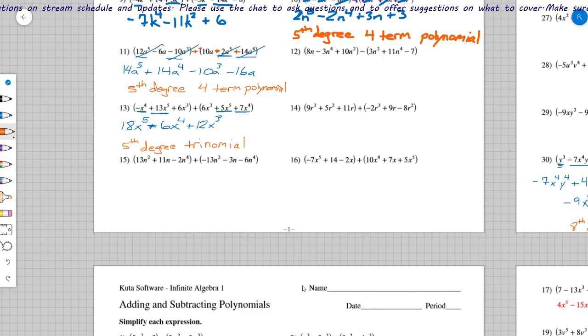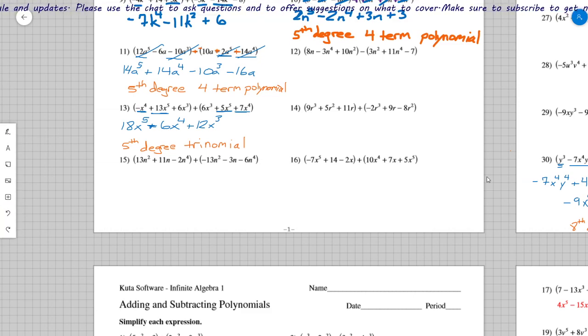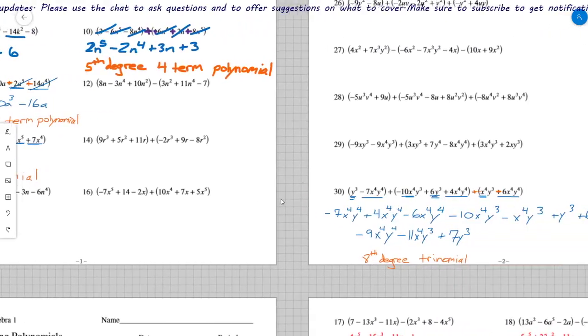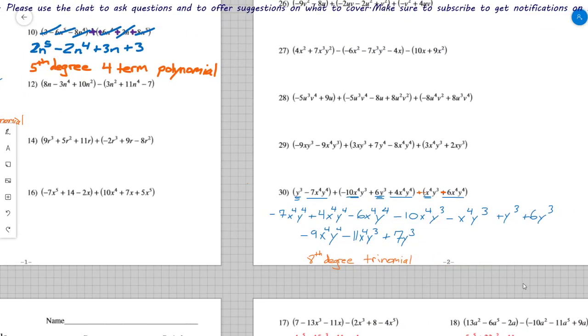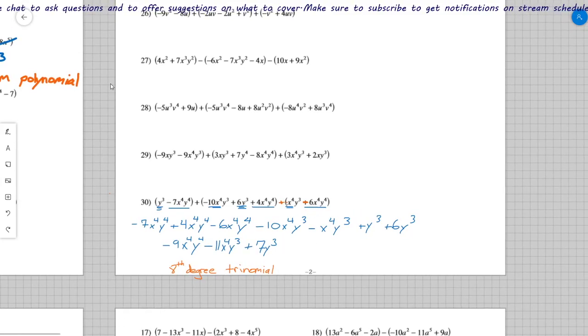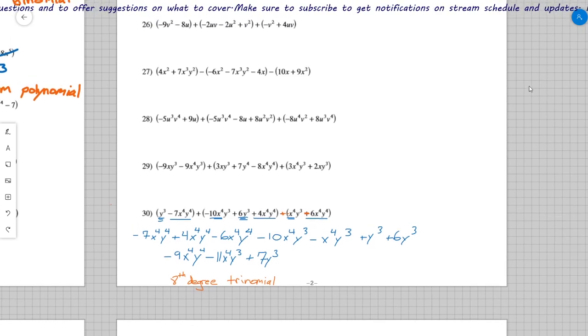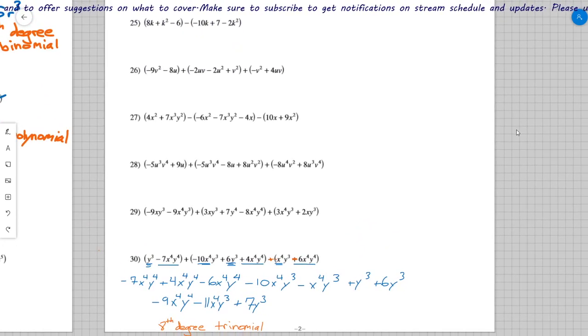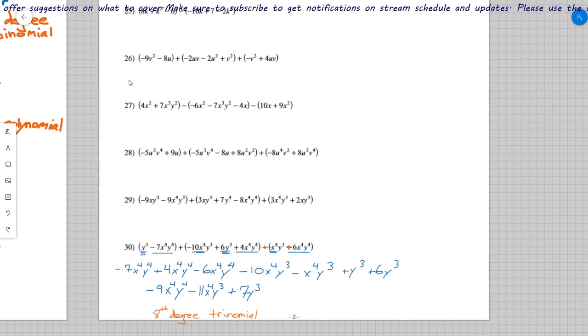So I'm going to move over and I'm going to do 2 from the end, and then I figured I'd do a few practice problems from IXL. I'm going to do 26 and then I'm going to do 27.